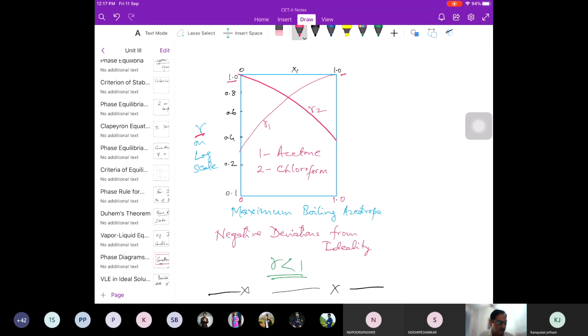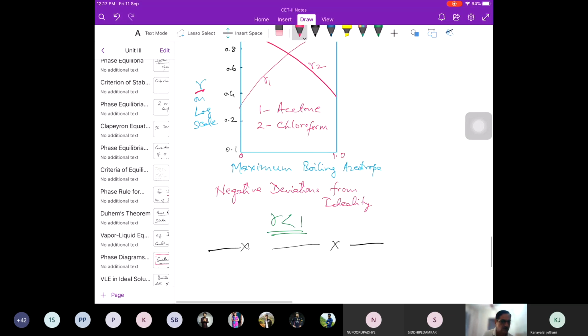Right? And for other compositions, gamma is going to be less than 1. So that is negative deviation from ideality. So remember, when it is positive deviation from ideality, gamma is greater than 1. When it is negative deviation from ideality, gamma is less than 1.